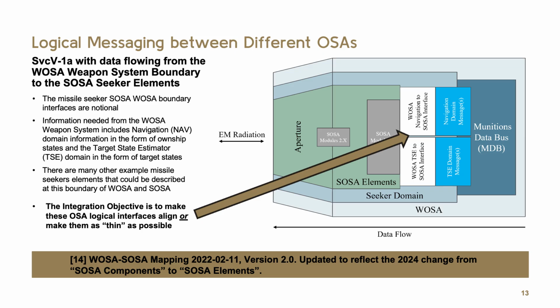The key in the arrow there is to make that boundary either align 100% or make it as thin as possible. So fortunately, we have open system architecture members that span membership across these OSAs, and they have anticipated the need for doing integration across, and they've actually started aligning this.